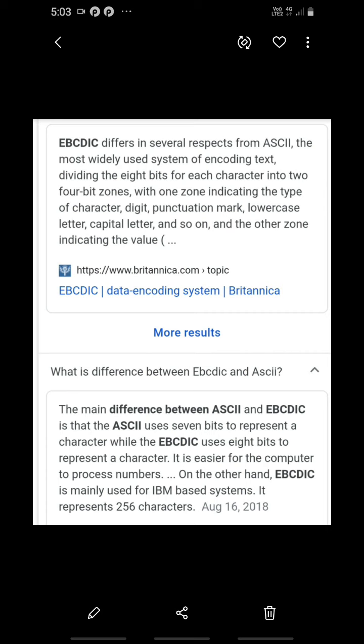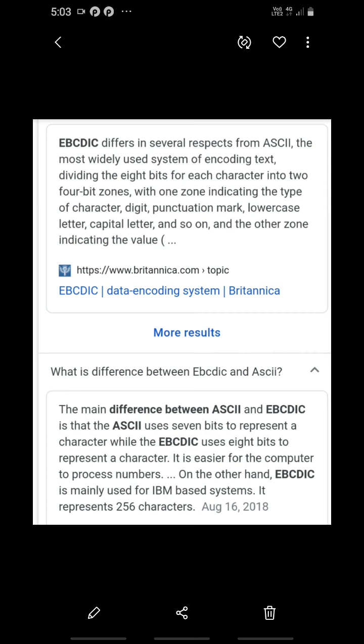What is the difference between EBCDIC and ASCII? The main difference between ASCII and EBCDIC is that ASCII uses 7 bits to represent a character, while EBCDIC uses 8 bits to represent a character. It is easier for the computer to process numbers.